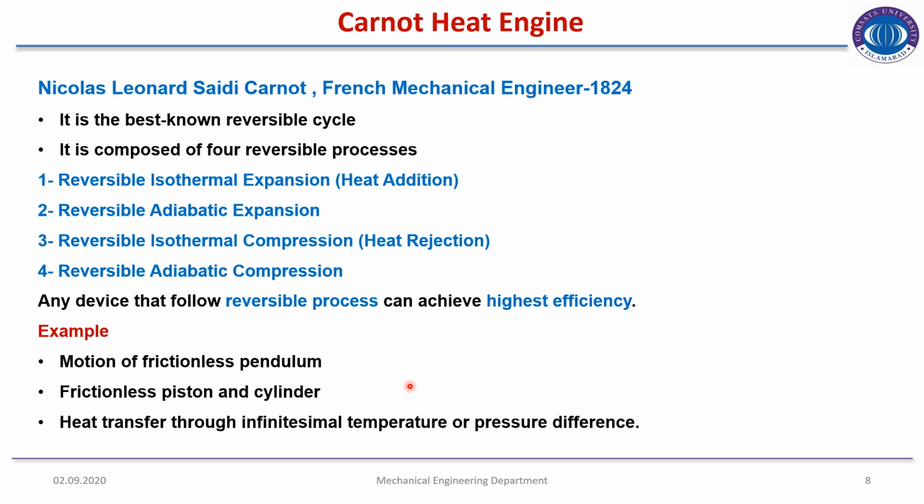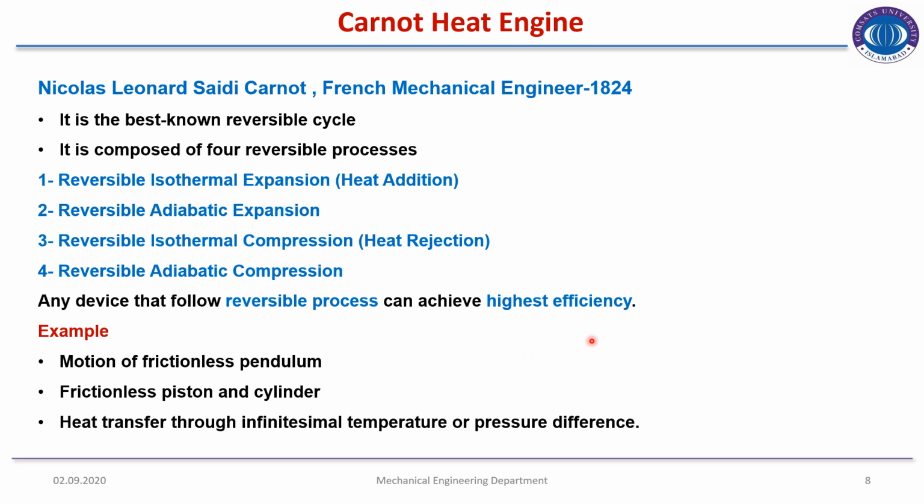Heat transfer through an infinitesimal temperature or pressure difference. If we have to transfer heat across a very small temperature difference, for example from 20 degrees centigrade to 19.999 degrees centigrade, that difference is very small. So the heat transfer between these 2 points will be a reversible process.